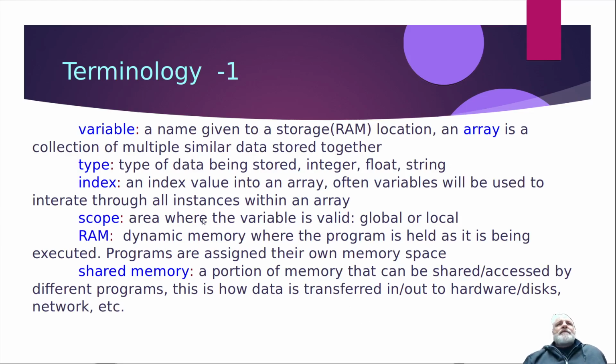All right, some various terminology here. We have a variable. A variable is simply the name of a memory location. Sometimes we also call this an array if we have lots of data stored together. Data types: you can have different types of data. You can have an integer. An integer is a number without decimal points. So 1, 2, 587, those are all integers.